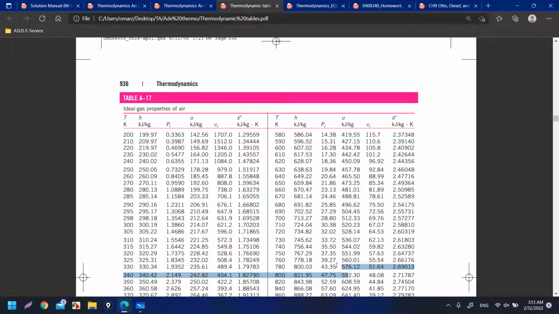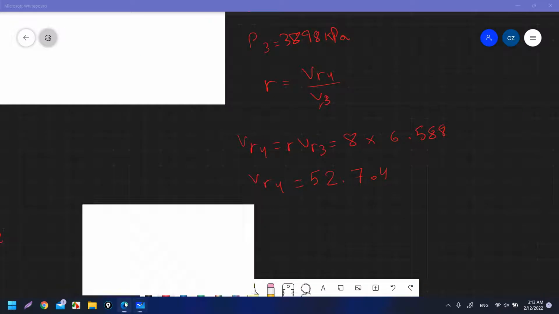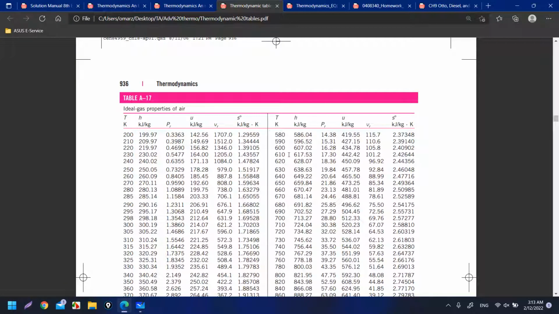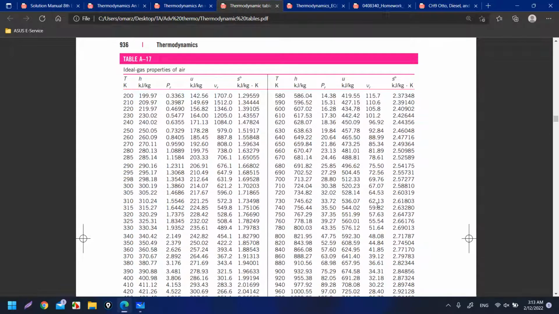You will not need T4 unless the question asks you to find T4; because it is the last state, I will not calculate T4. So we will use the interpolation between these two numbers, with U.